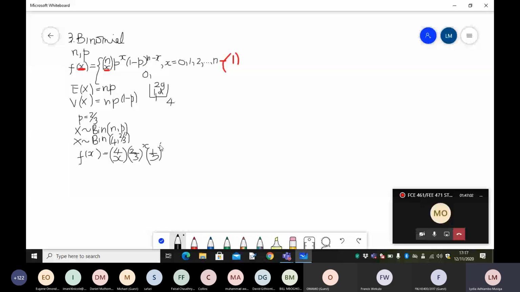But we must state the values for which our PMF holds. So this PMF holds only if X takes values 0, it is possible to have 0 successes, 1, 2, 3, up to 4.